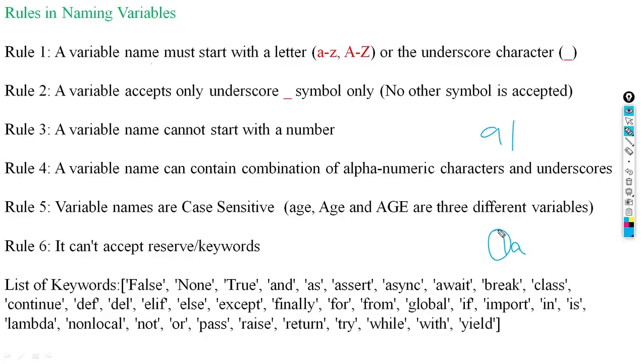A variable name can consist of alphanumeric characters and underscore. Variable names are case sensitive, meaning small letters and capital letters are different. That object is different, this object is different. So variable names are case sensitive.